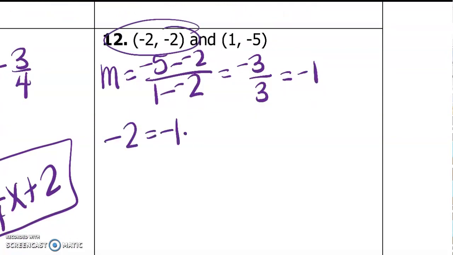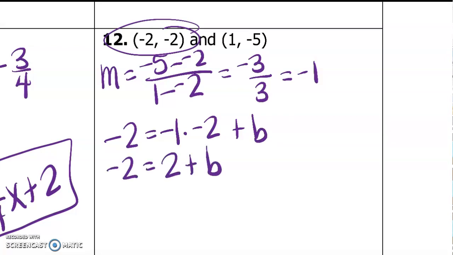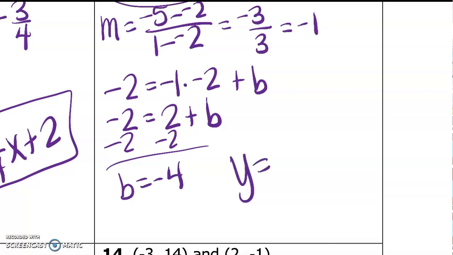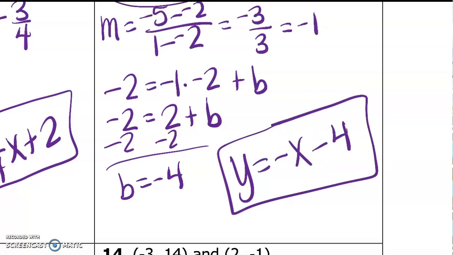Negative 2 equals negative 1 times negative 2 plus b. Negative 2 equals positive 2 plus b. A lot of people think that means b equals 0, but it does not. Subtract 2, and b equals negative 4. So y equals negative 1 is our slope, so just negative x and then minus 4.